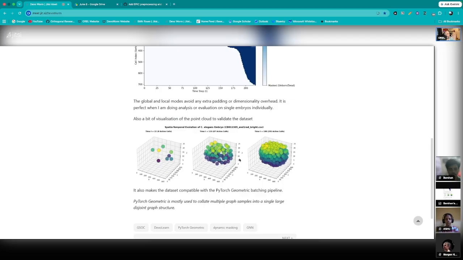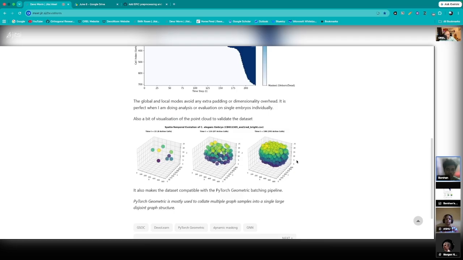And of course, once you have the data in that form, the NPZ files and the normalized positions, then you can import that to PyTorch Geometric and you can do things there. Yeah, and then that's the entry point.